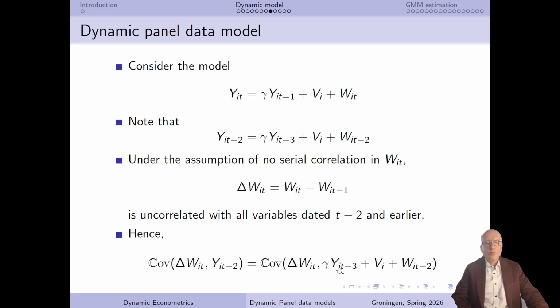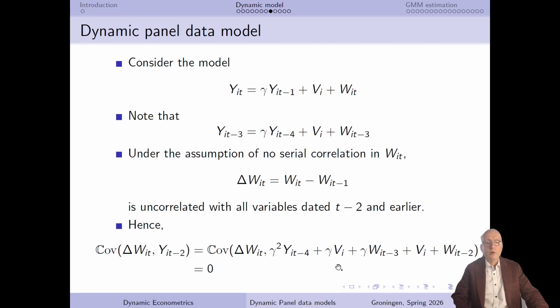We do not yet know about y_{i,t-3}, but we can write y_{i,t-3} as being equal to gamma y_{i,t-4} + v_i + w_{i,t-3}. If I substitute this in, I get all these terms.